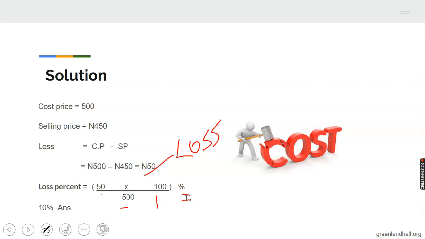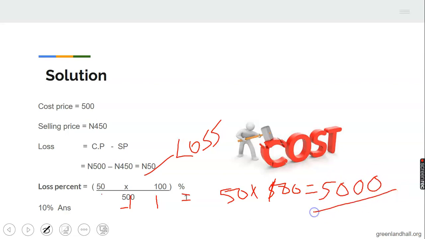Now you write your answer. 50 times 100 will give you 5,000 over 500.